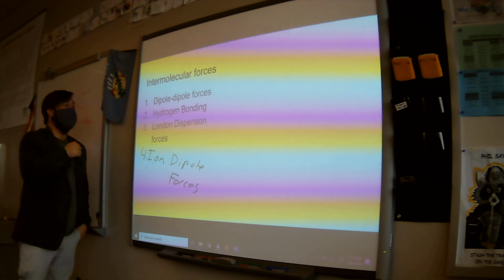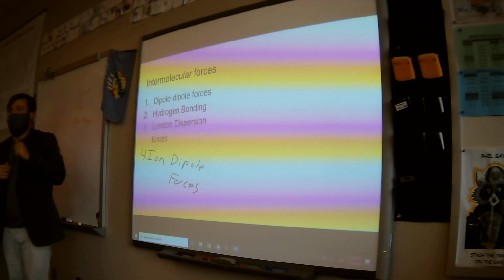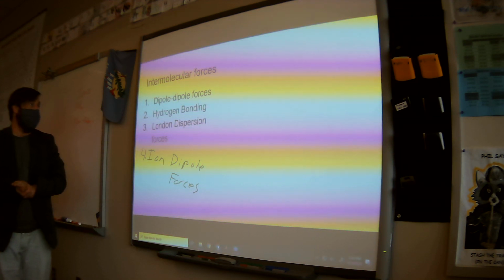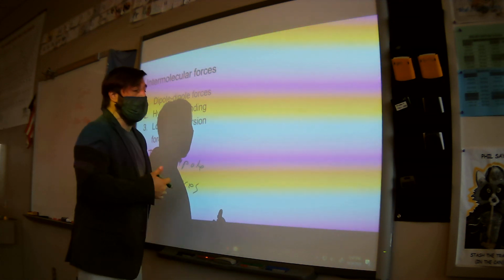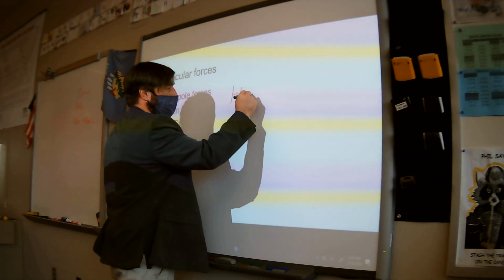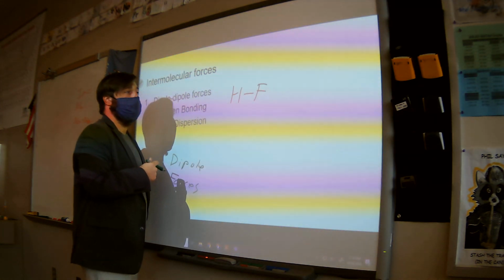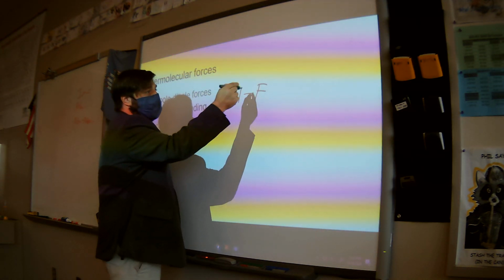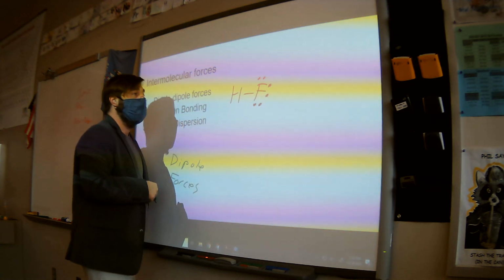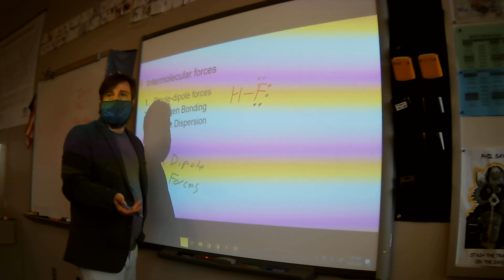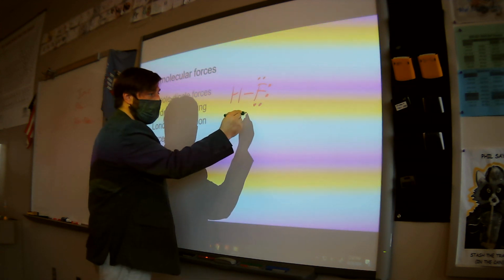Okay, so dipole forces. If you guys remember, a dipole is if you have a polar thing. Let's actually draw in the valence electrons to these guys. Where are all the electrons going to go?